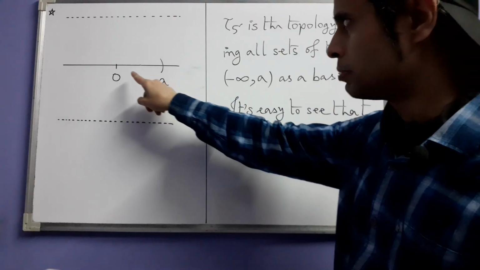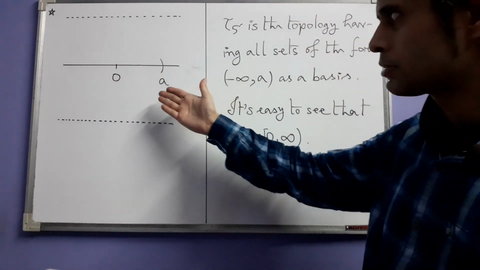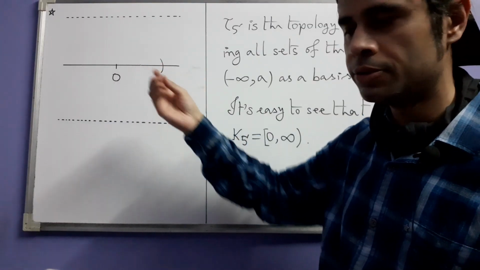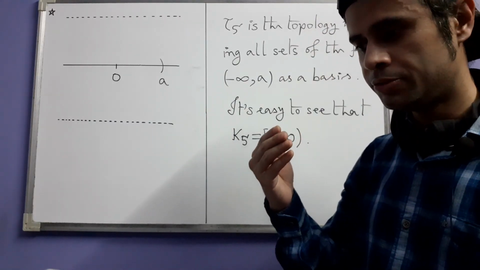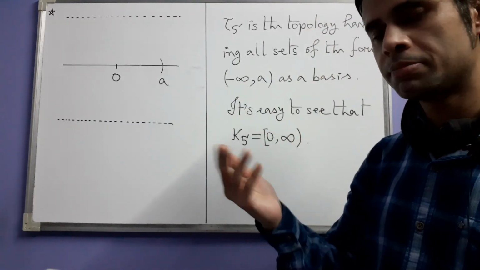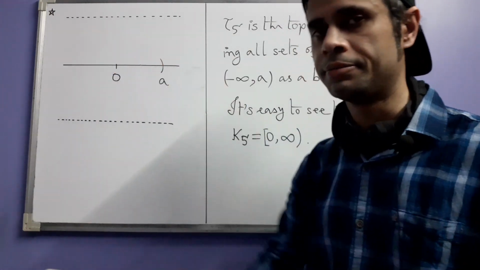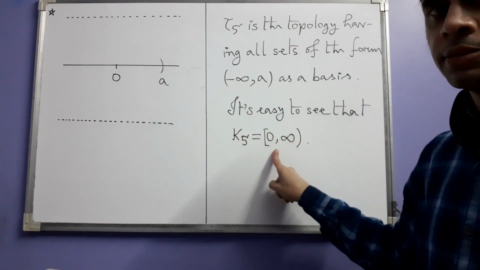Because this side is open, it cannot be 0 itself. And that is why in this case also, no matter how close this right boundary is to 0, there will be actually infinitely many, almost all reciprocals of positive integers inside this ray. So that's why 0 also belongs to this.